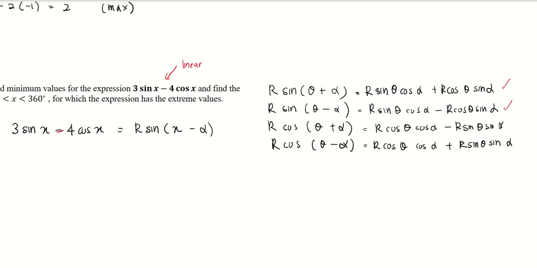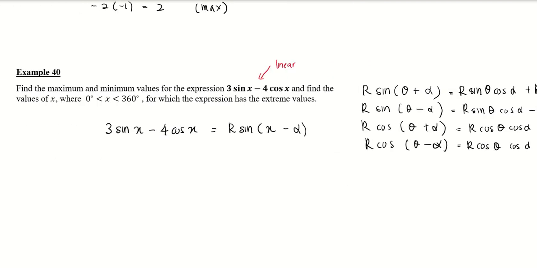So if here is minus, we choose the minus. So the most suitable is r sin theta minus alpha. So that's how we choose the suitable substitution.